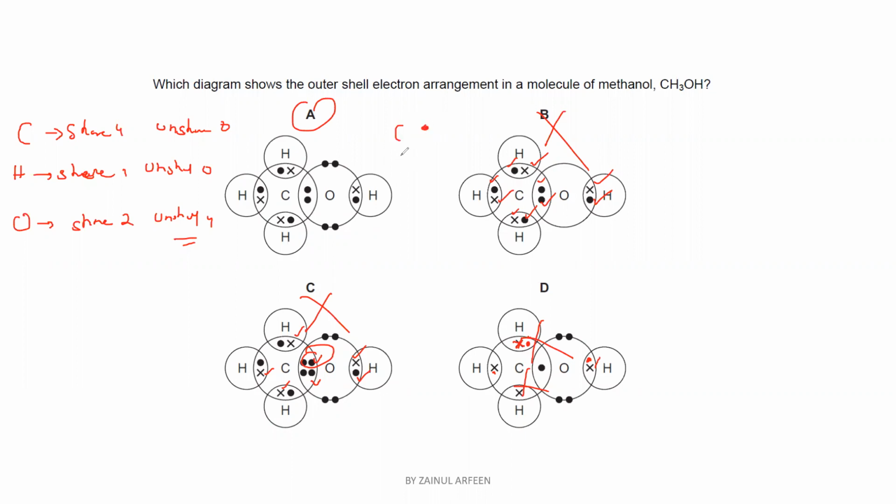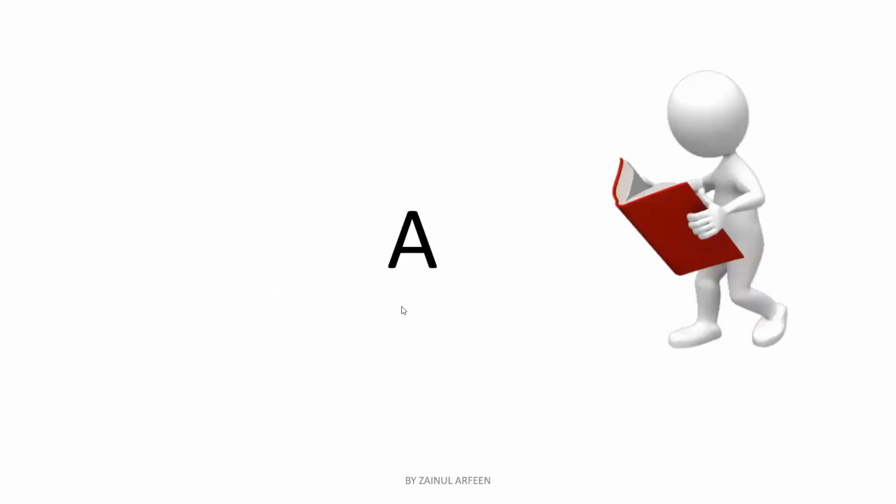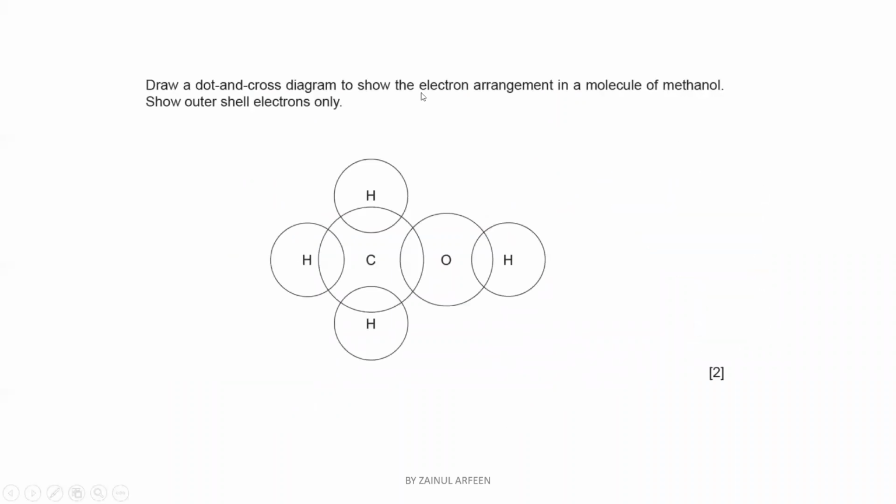That's why it might be confusing, but you have to sort it out according to the structure. If it was another symbol, it would be much easier to recognize. But they want to make a difficult question, that's why they use the same symbol for electrons of carbon and oxygen.